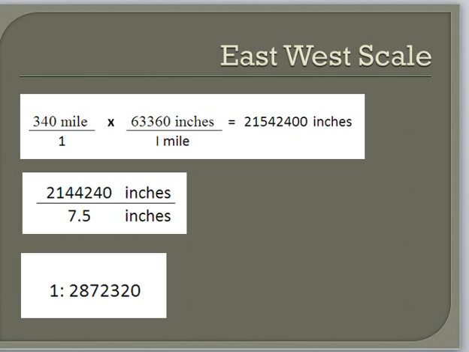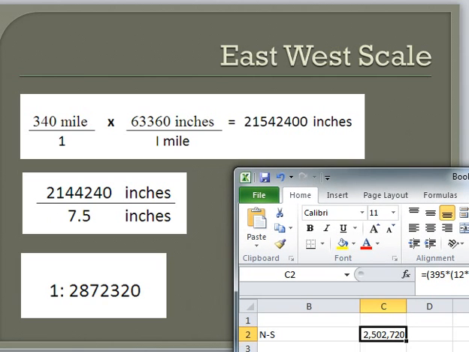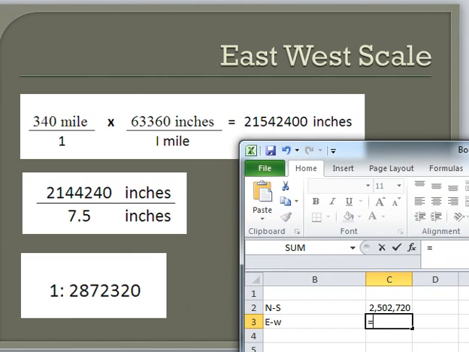So let's look at the east-west reduction. I'm going to go ahead and check my math here. East to west equals, let's see, I've only got 340 miles. Oh, I need two of these. Okay, 340 miles east-west.